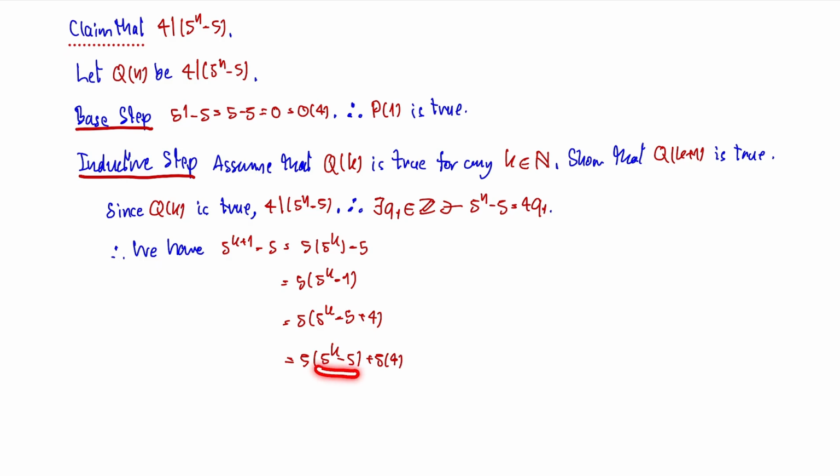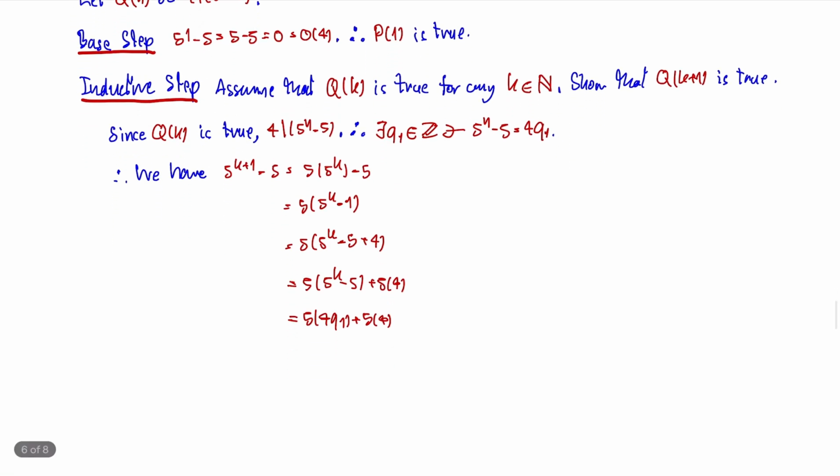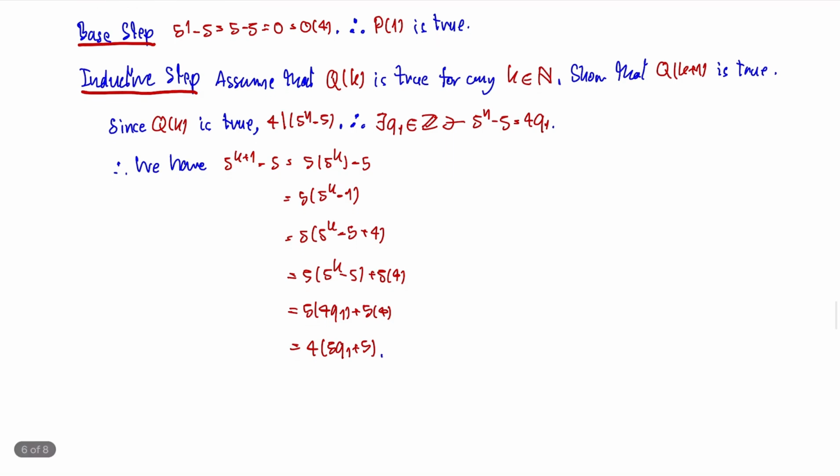And 5 to the k minus 5 is 4q1, right? It turns out to be 5 times 4q1 plus 5 times 4. And factorize number 4, it turns out to be 4 times (5q1 plus 5). Okay, so we have shown that this term 5 to the k plus 1 minus 5 is divisible by 4. So 4 divides 5 to the k plus 1 minus 5.